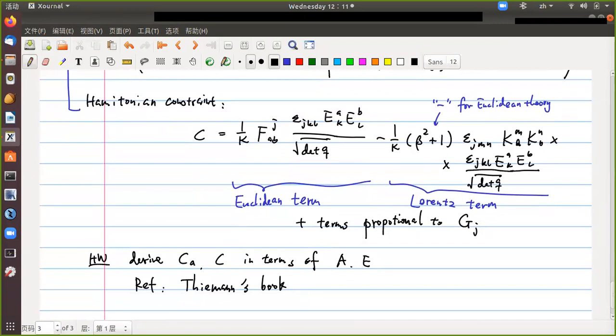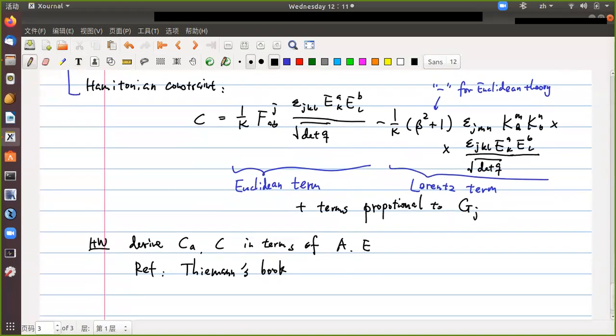Oh, by the way, here you can see that in the expression of the Hamiltonian constraint, I still use K, but clearly the Hamiltonian constraint should be expressed in terms of A and E. I still put a K here because it is the standard formula and we don't want to make the formula longer.